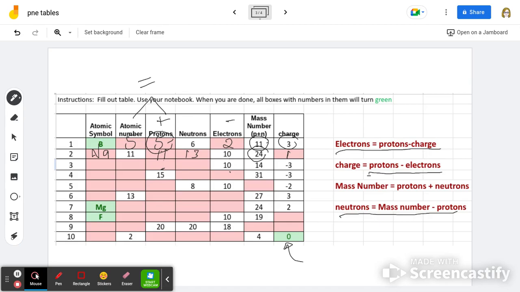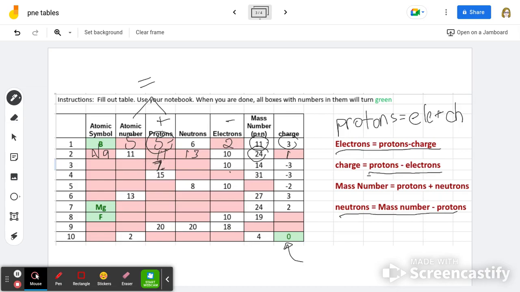I don't have the equation for protons, but I could rearrange it, and I could say protons equals electrons plus charge. So it would be 10 plus negative 3. So that would give me 7.